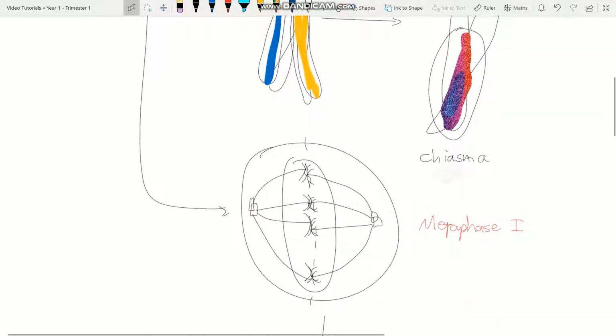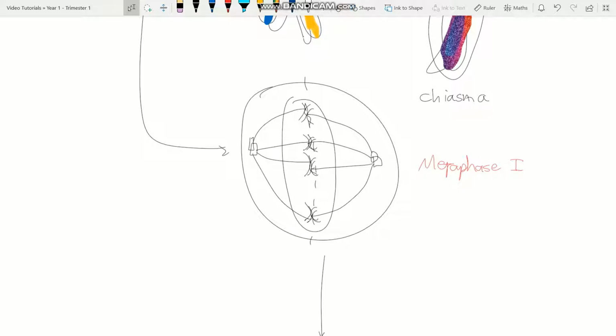Another quite important stage that I forgot to mention during metaphase is that the process of independent assortment occurs. Independent assortment is quite important for genetic variability, because essentially it means that the cell can introduce another layer of genetic variants.